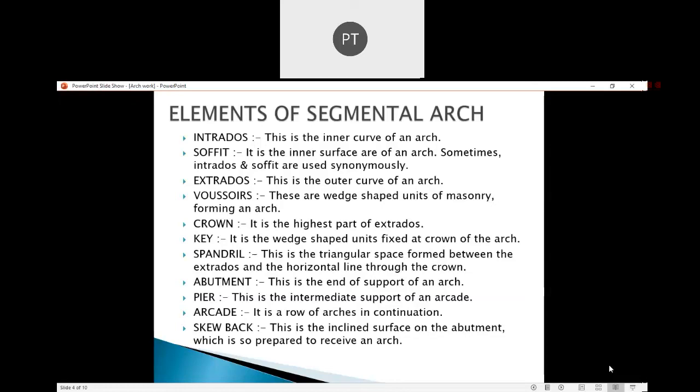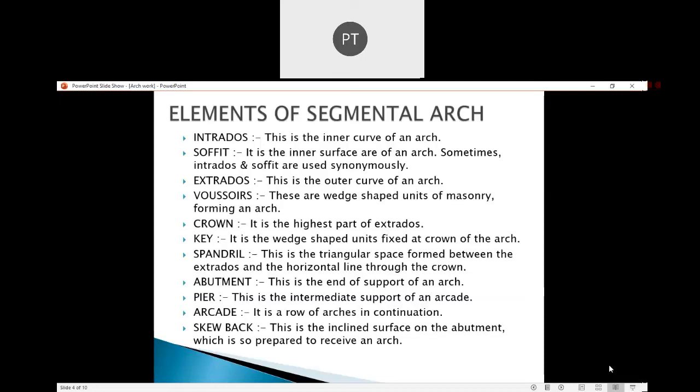Number 6, key. This is also in the shape of a wedge, fixed at the crown of an arch. Number 7, spandrel. It is a roughly triangular space, usually found in pairs, between the top of an arch, that is the extrados, and a rectangular frame. Number 8, abutment.